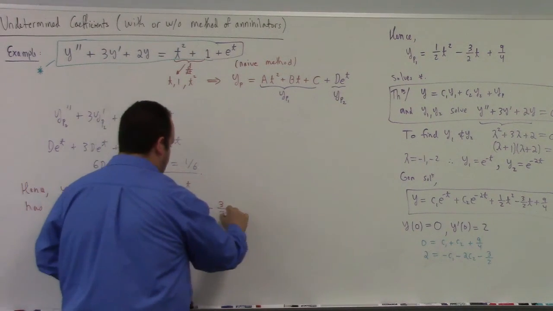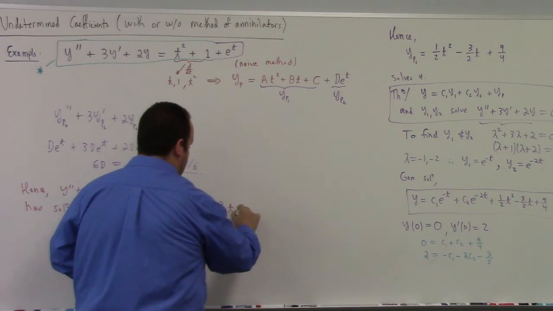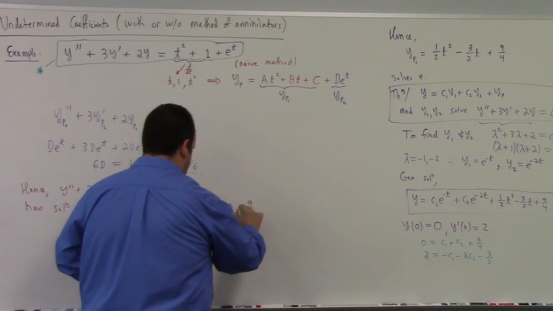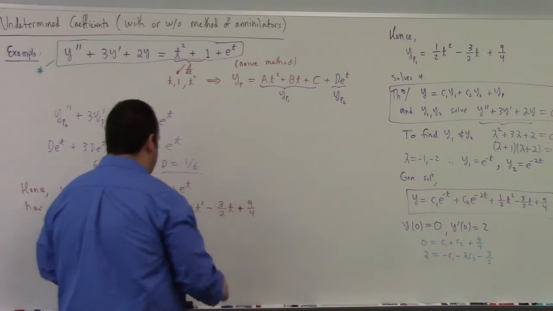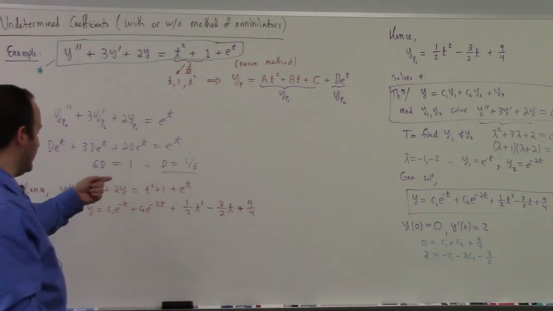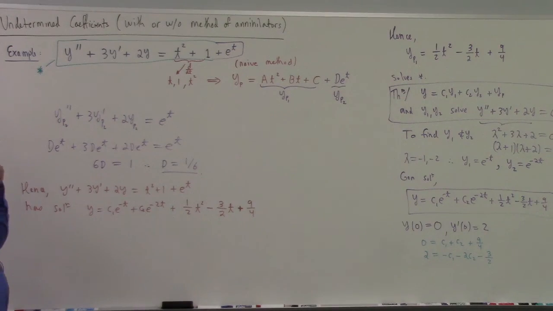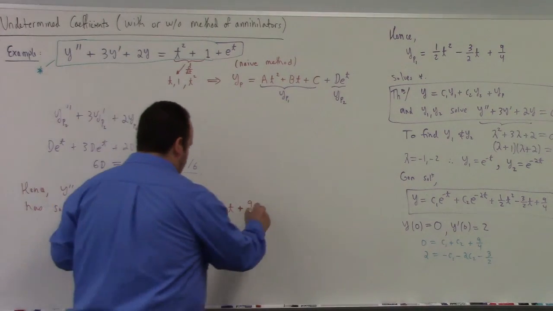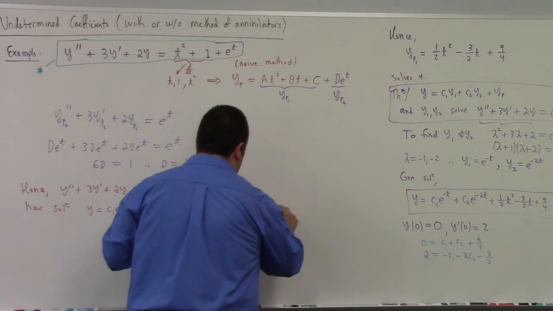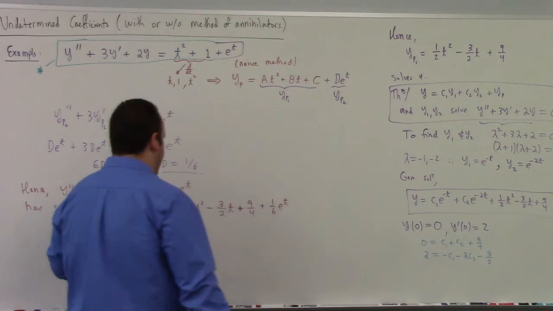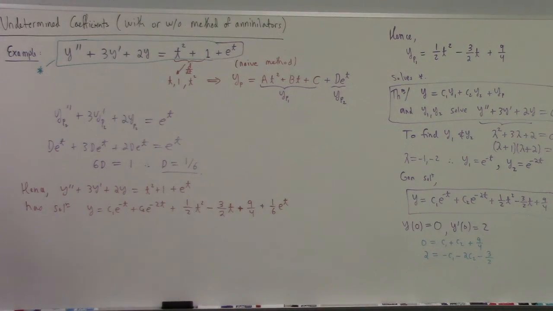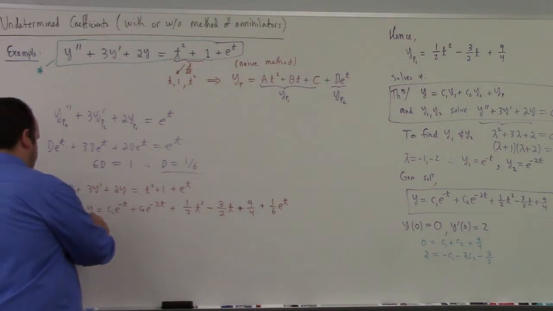We're using superposition, because we know that when we plug that in, it produces t^2 + 1 from this differential equation. And then we know if we put in 1/6 e^t, well, that pops back out e^t after we differentiate as instructed by the y'' + 3y' + 2y. And there you go. That's the general solution here.